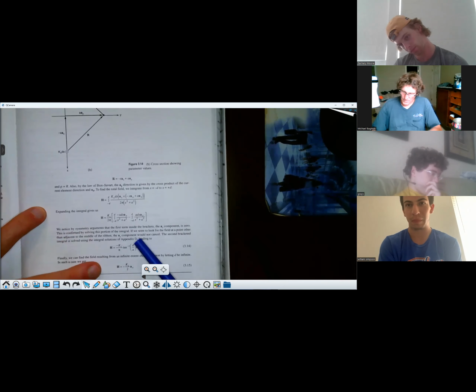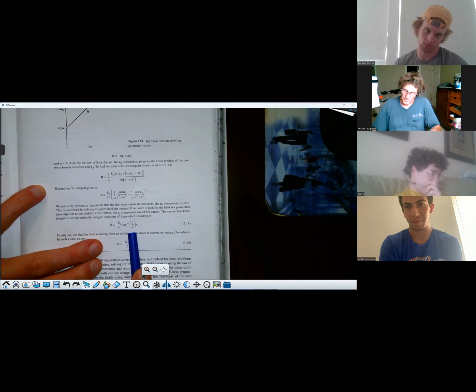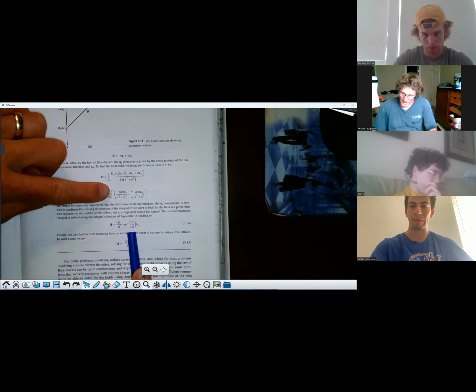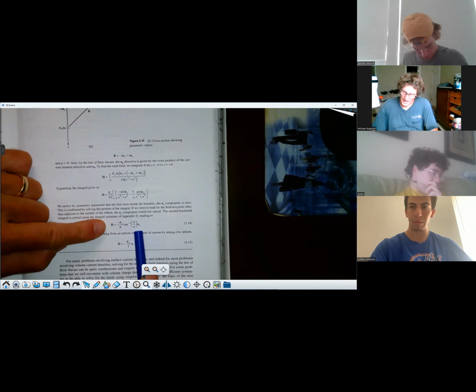He's got it going from minus d to plus d. You get this value if you do that integration. It's a very doable integration. And this part cancels, so you're going to get something only in the a_x direction.